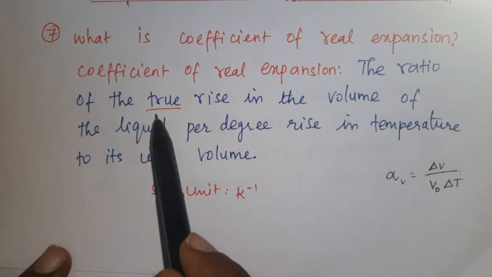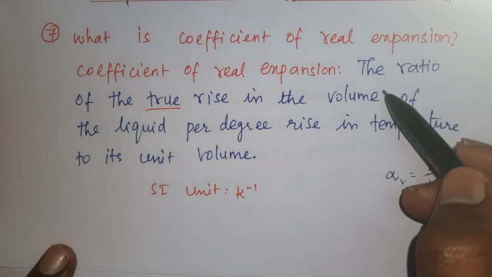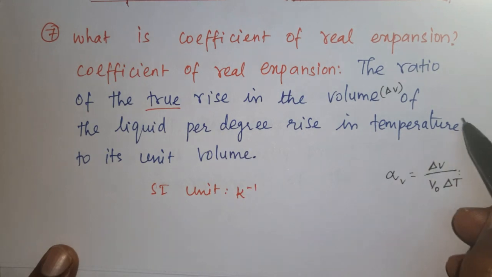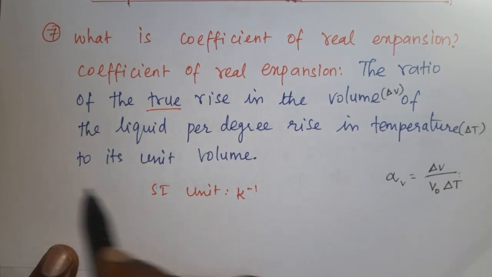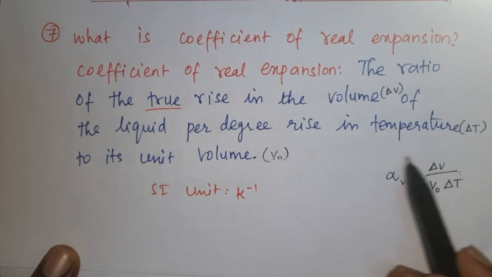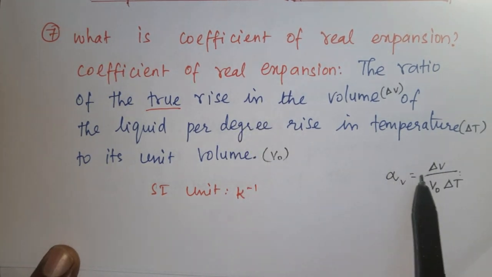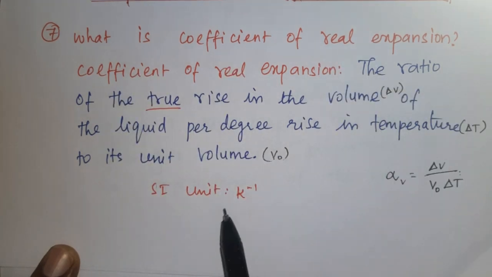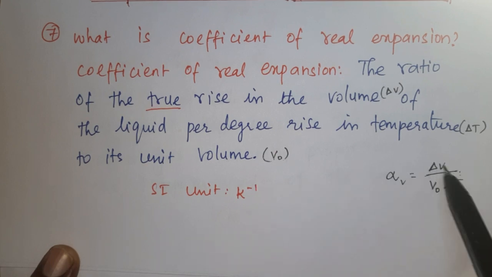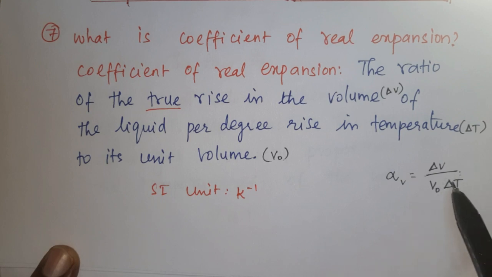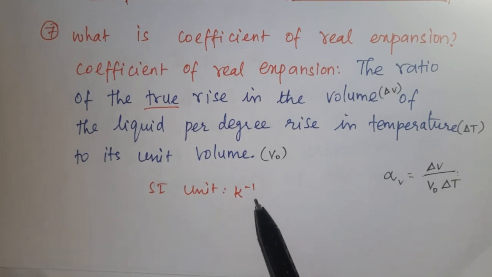So the ratio of the true rise in the volume, del V of the liquid, per degree rise in temperature, del T, to its unit volume, V naught. Its unit is Kelvin inverse. The volume units, meter cube, are cancelled. The unit of temperature, Kelvin, goes to the denominator, so Kelvin inverse.